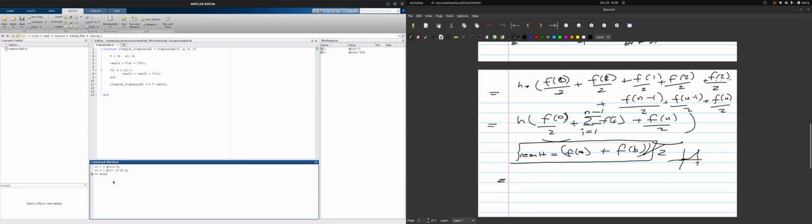So the exact solution is basically V(1) minus V(0). So let's see the exact solution. As you can see, the exact solution is 1 over 3, which is like 0.333. It makes sense.